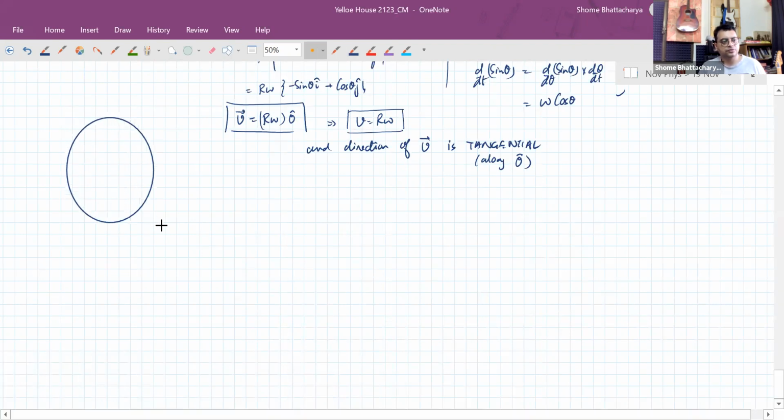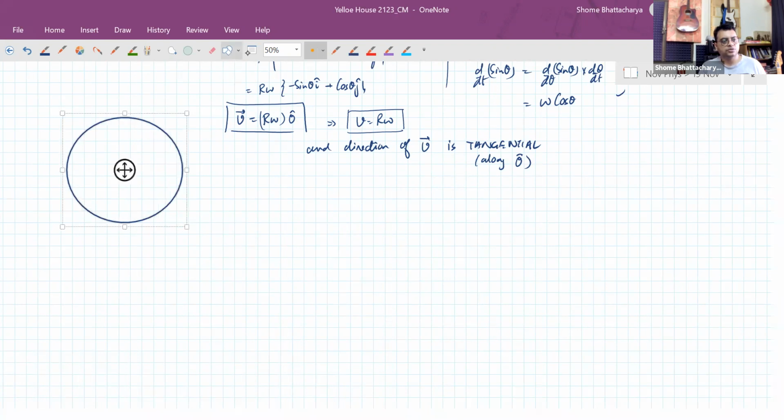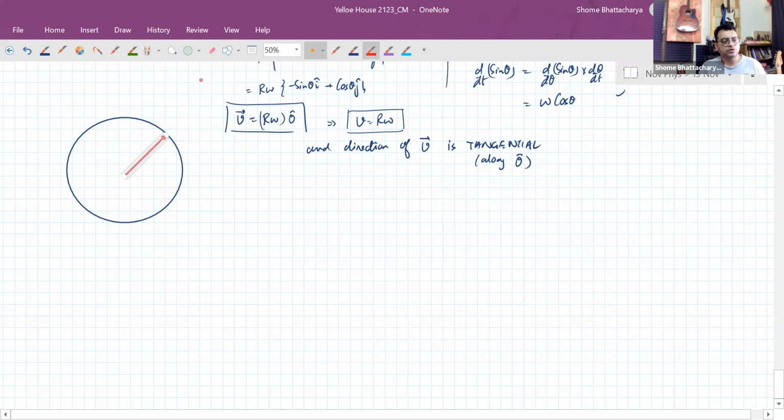And also in terms of geometry, this shows us that if a particle is located at a position like this, then the velocity vector will always be perpendicular to the position vector with respect to the center, because it will be pointing along the tangent. So at any point of time, this relation holds true between these two vectors. They'll be mutually perpendicular.